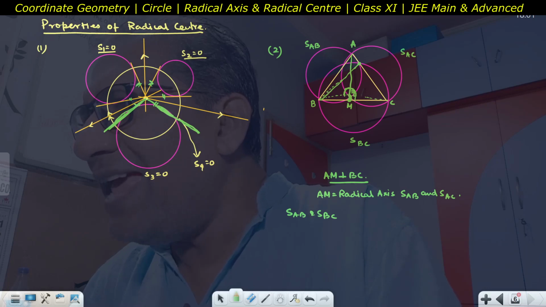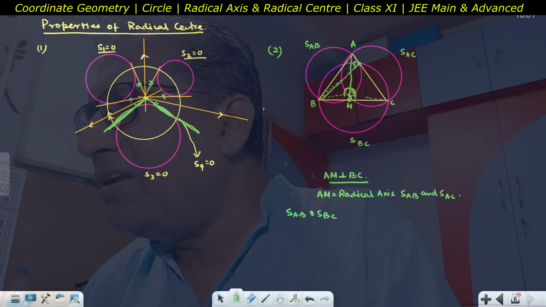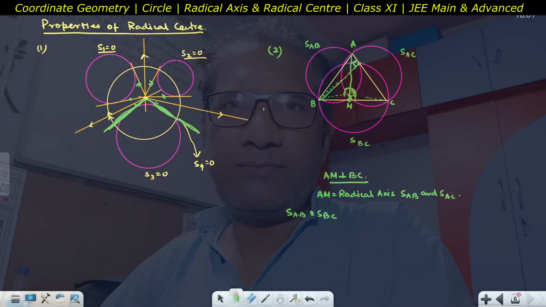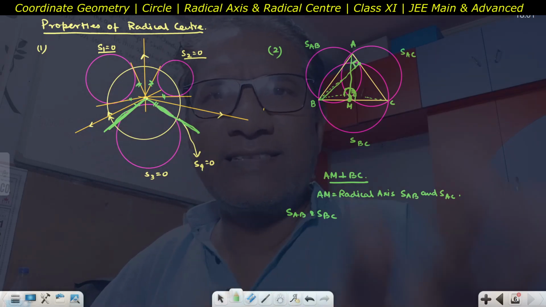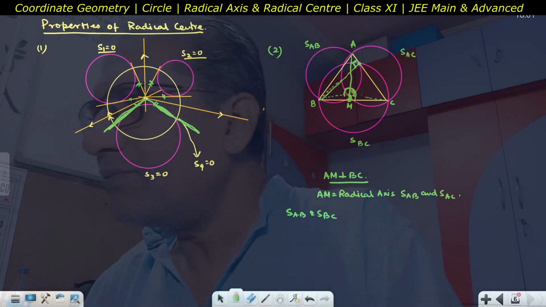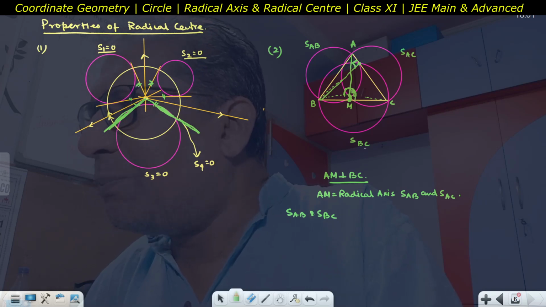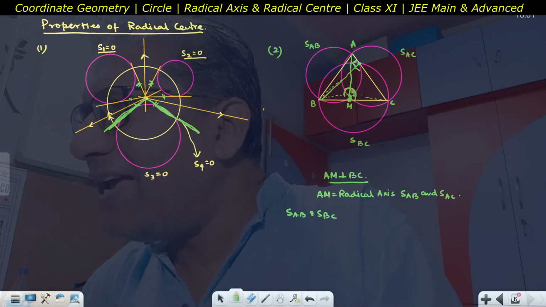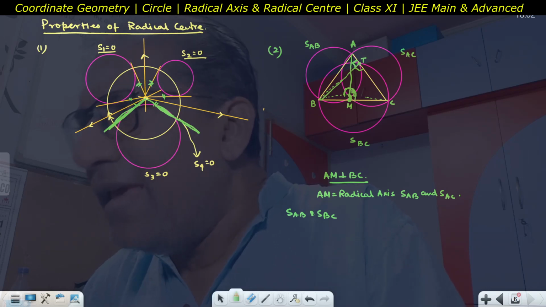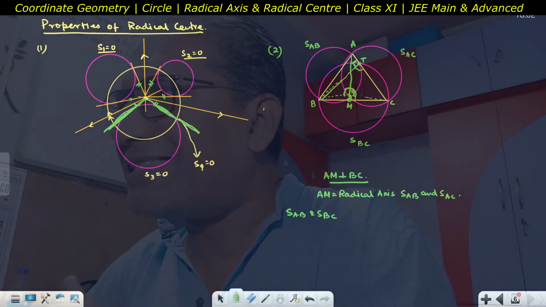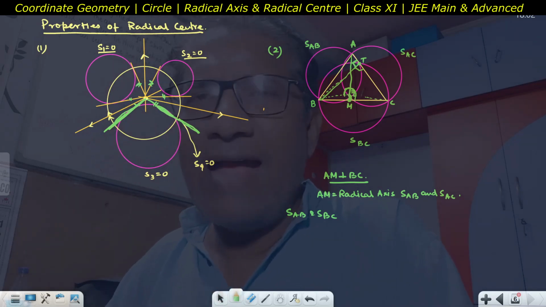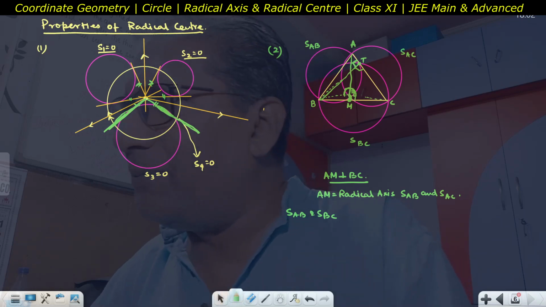For the circle S AB, as AB is the diameter, this angle will be what? 90 degrees. Again, the same logic, angle in a semicircle is a right angle. Similarly, for the circle S BC, this angle will be 90 degrees, as T is a point on the semicircle of the circle S BC. And angle in a semicircle is always a right angle.